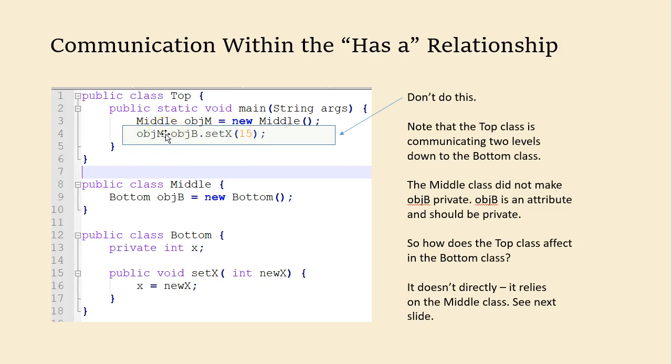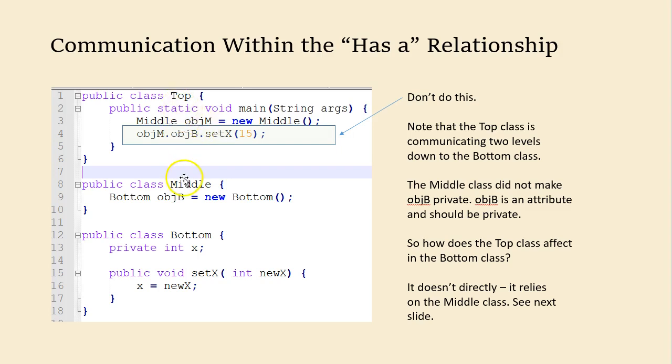We're setting the X attribute inside that Bottom class to 15. Now look at the names. objectM, that's the name of the Middle object. The name of the Bottom object is objectB, so objectM.objectB.setX. That is perfectly legal. Don't do it. And I'm going to explain how not to do it and then why not to do it.